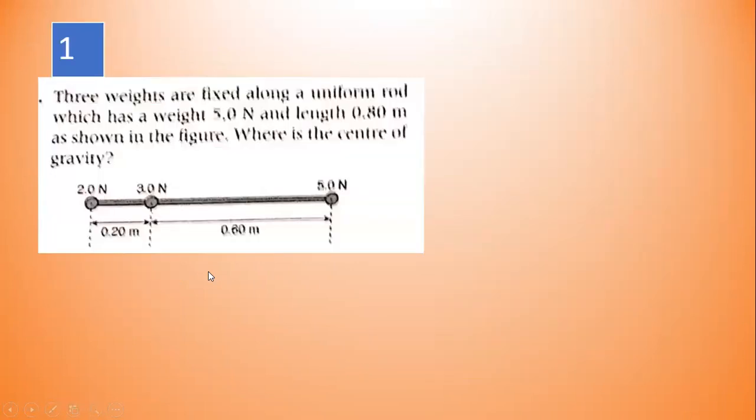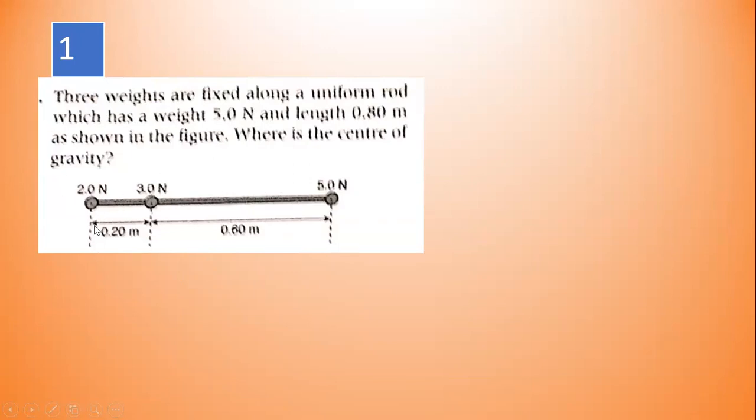Ask yourself: three weights are fixed along the uniform rod, which has a weight of 5 Newton and a length of 0.8 meter, as shown in the figure. Where's the center of gravity? These are the different ways. It didn't tell you where your reference point is.